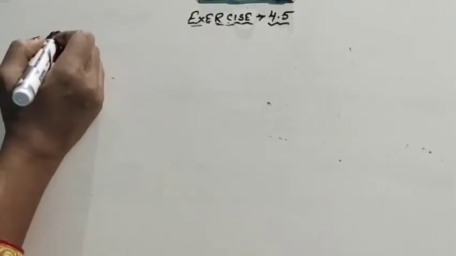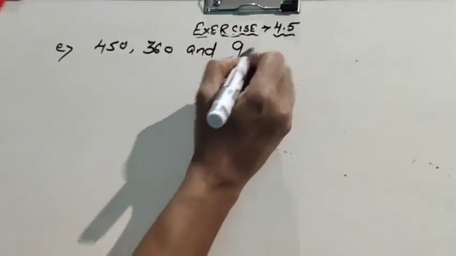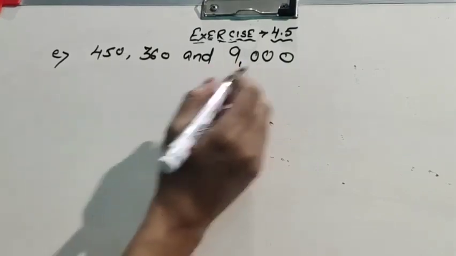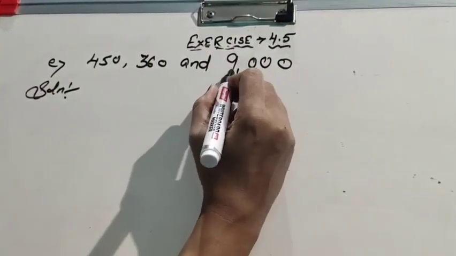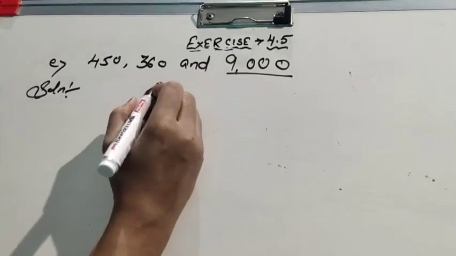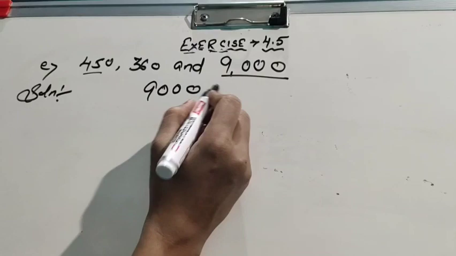One more question I have to solve: 450, 360 and 9000. Okay, go with the biggest one, 9000. After that 450.